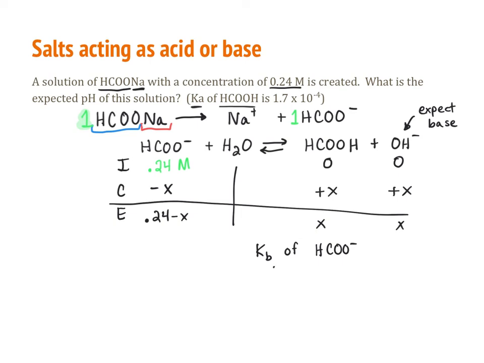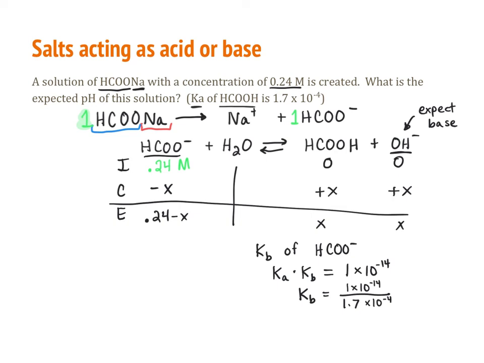Well, you may recall the Ka of a weak acid times the Kb of its conjugate base multiply together to give the equilibrium constant of water. So the Kb, because we want to use the Kb here because we're generating hydroxide, because we're starting with a base, is going to be 1 times 10 to the negative 14th divided by the Ka that we are given, 1.7 times 10 to the negative 4th.